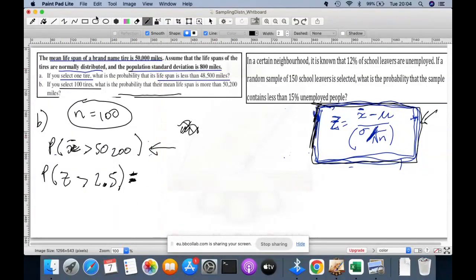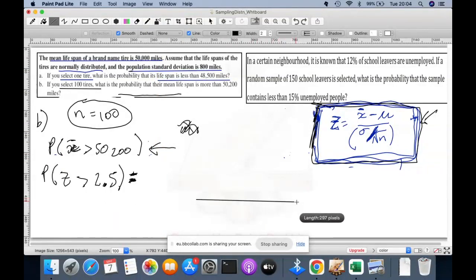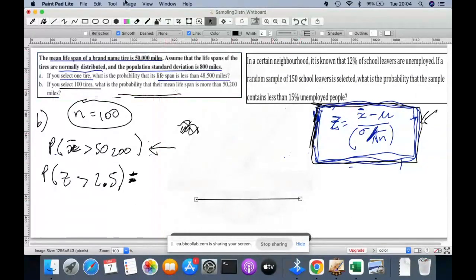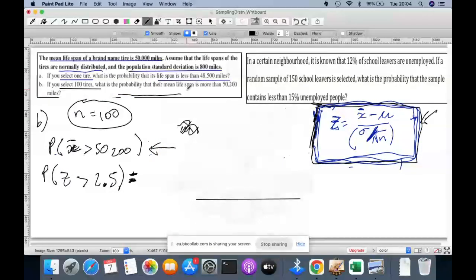I'll do a sketch maybe that might help you identify what you're looking for. So this is your z-axis. There's our curve centered at 0, and there's 2.5 because it's a positive value. So you want this area, which I'm shading.